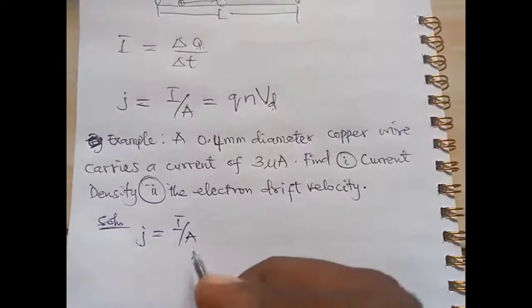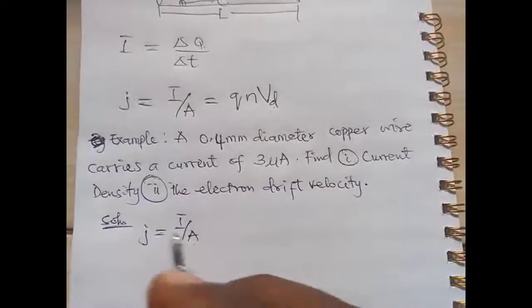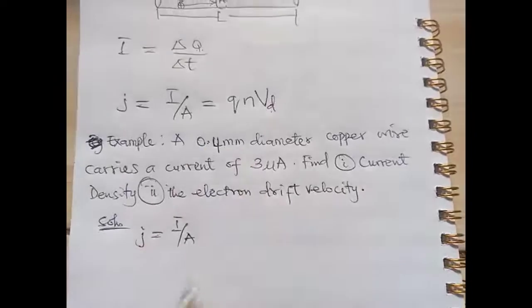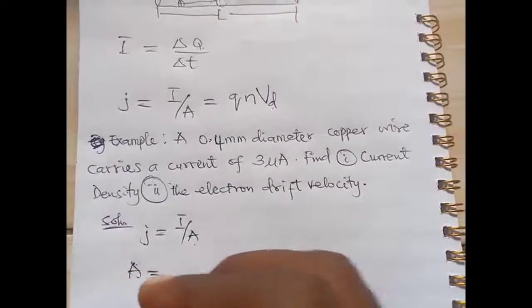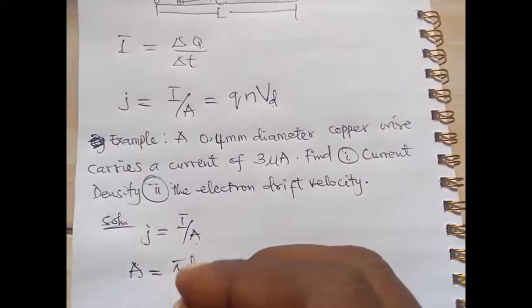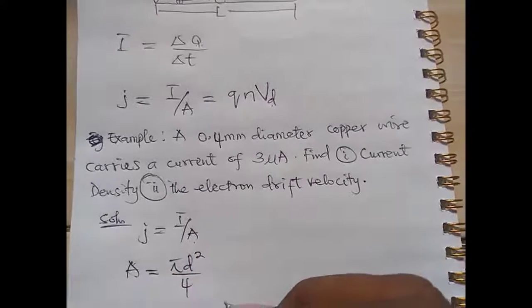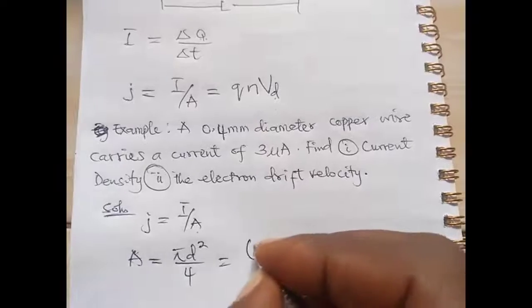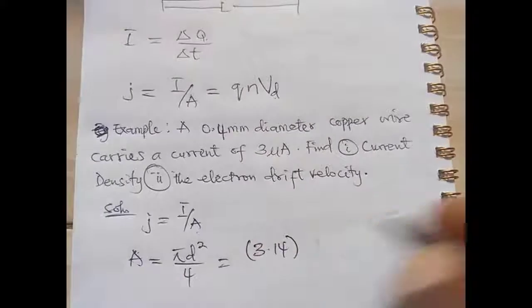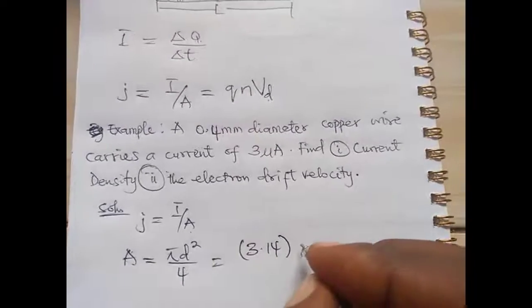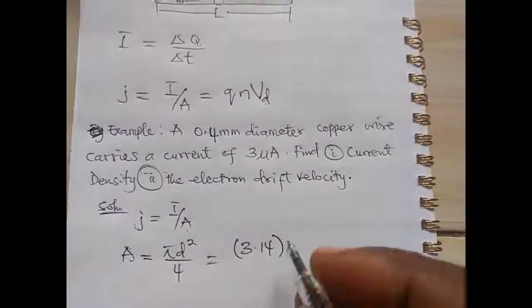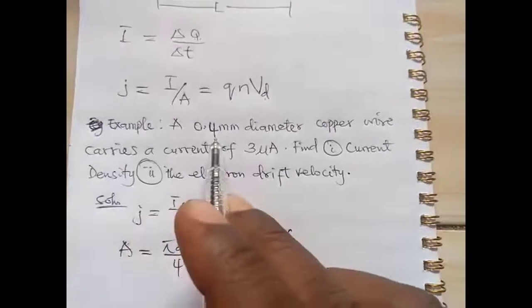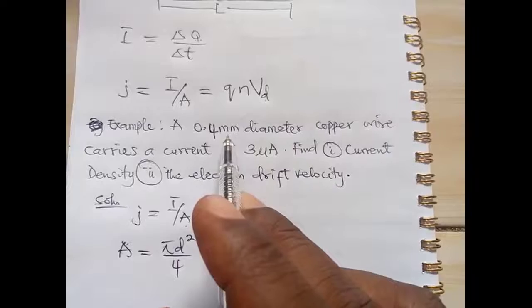But in this question, we don't have A. But since we have diameter D, we know that area A is given as pi D squared over 4, because it is in terms of diameter. Pi is approximately 3.142, so we approximate it. Now the diameter is 0.4, but it is in millimeter. We need to convert to meters.